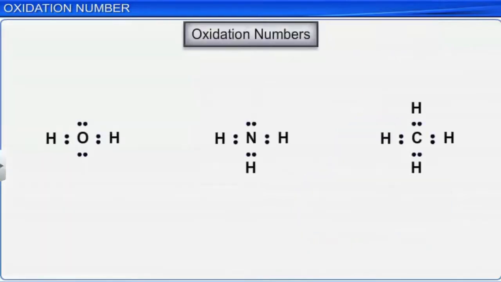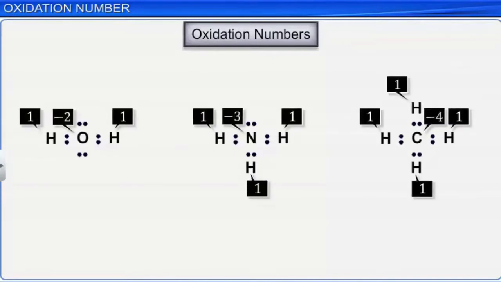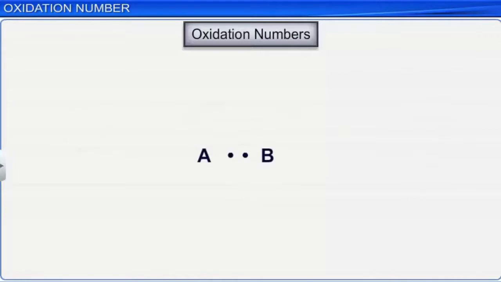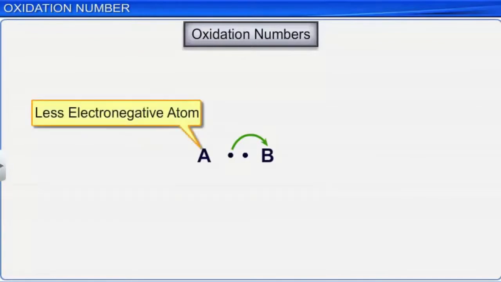In order to track the electron shifts occurring in covalent compounds, scientists came up with the concept of oxidation number. The oxidation number method always assumes that there is a complete transfer of electrons from a less electronegative atom to a more electronegative atom.